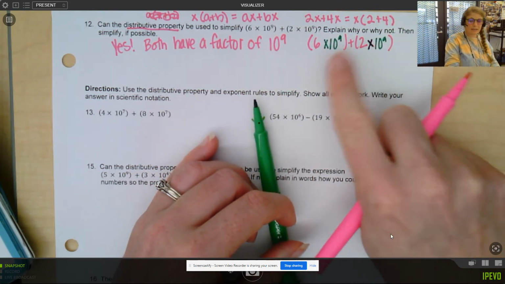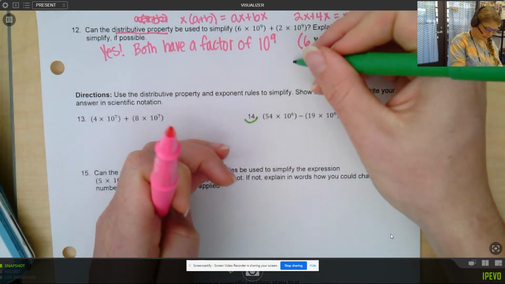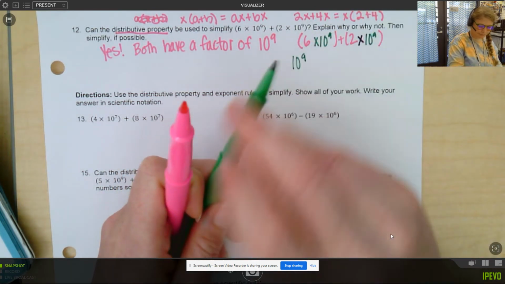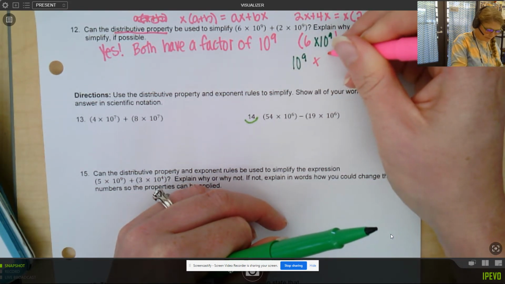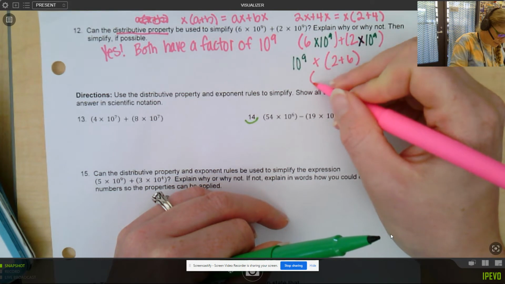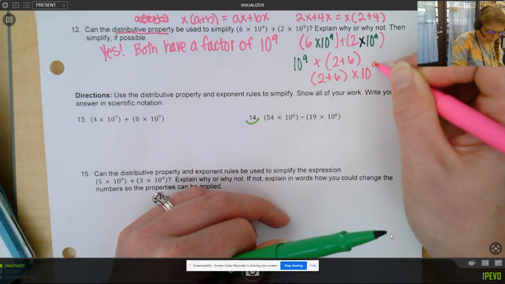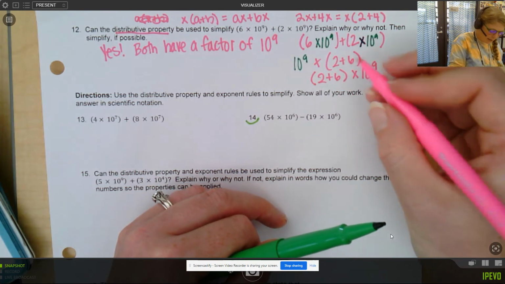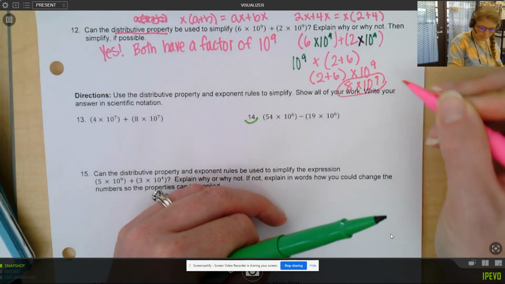So here we can take this common factor of 10 to the 9th and factor it out. 10 to the 9th times 2 plus 6. And we looked at 10 to the 9th on the other side, so we can say 2 plus 6 times 10 to the 9th. And to end up this being 8 times 10 to the 9th power.